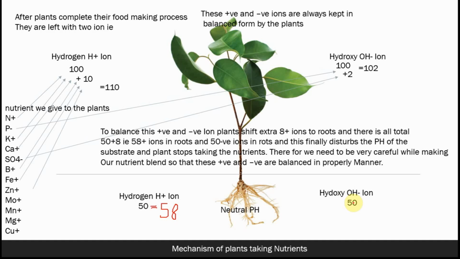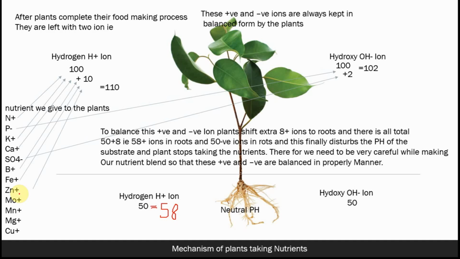Now again, when the plant's process is done, we repeat the same process by giving N plus, P negative, K positive, calcium positive, sulfur negative, boron positive, and the other nutrients to the plants. This time, as the root already has 8 extra positive elements, it will not take any more positive metal ions from the nutrients.